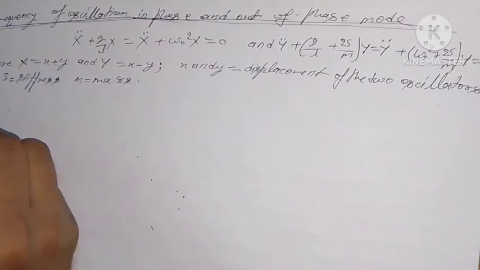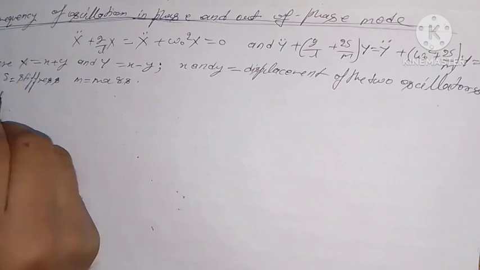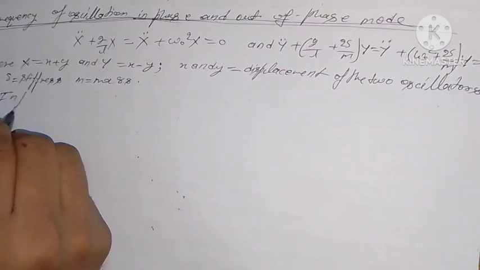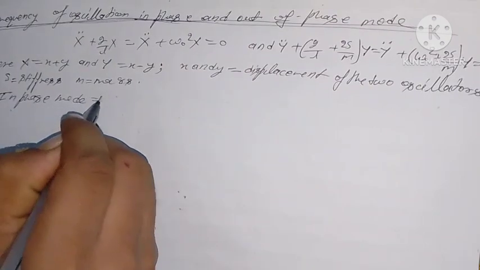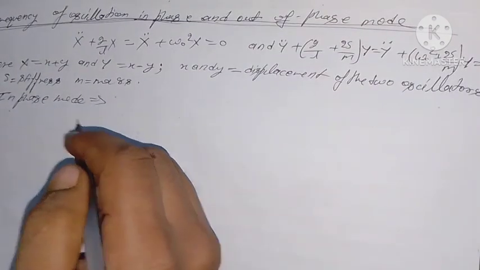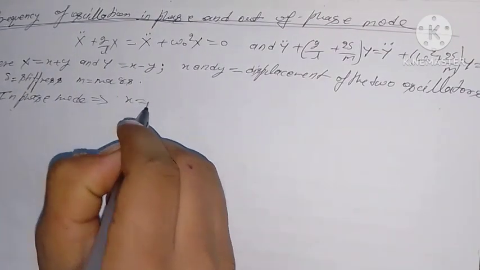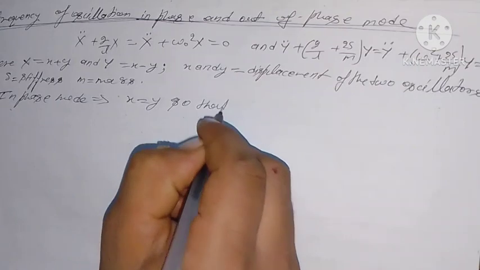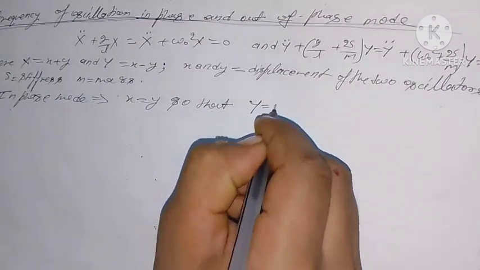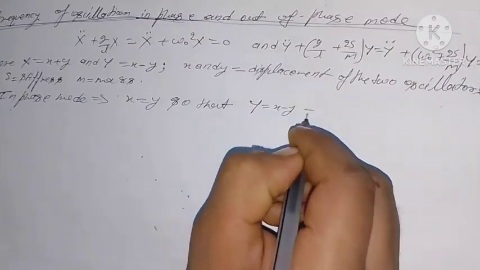First point, in phase mode. In the in phase mode, x equals y, so that capital Y equals x minus y equals 0.